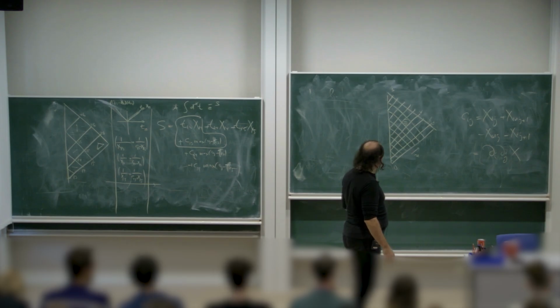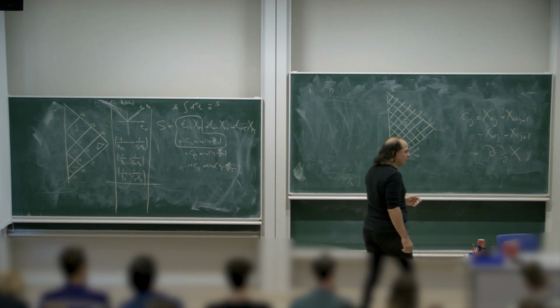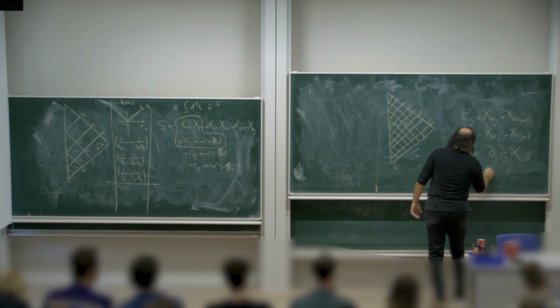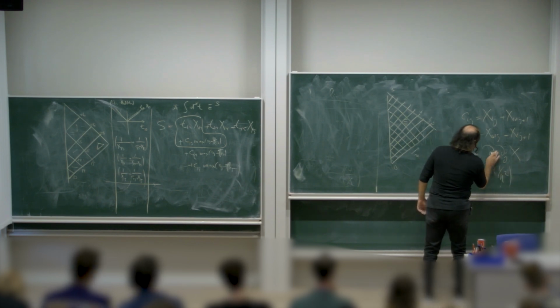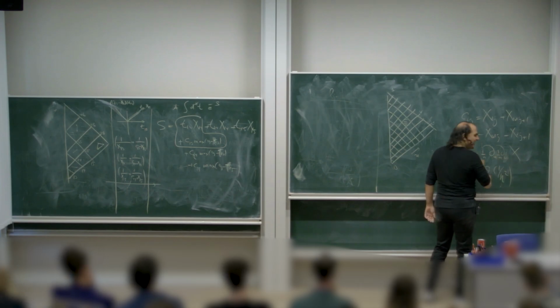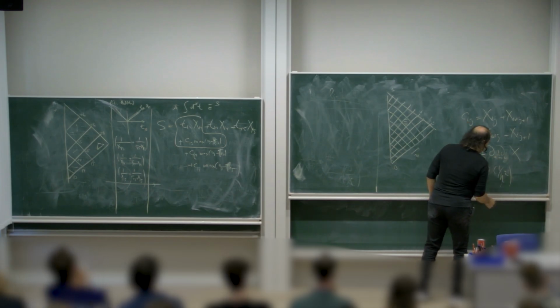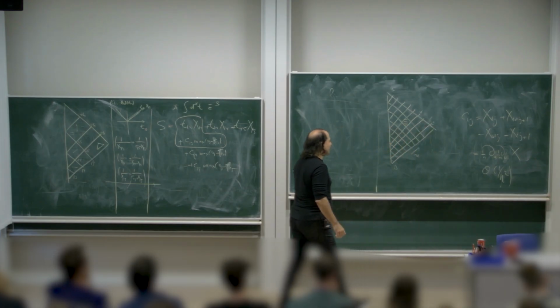And therefore, this is of order 1 over n squared. I should have said, it's really 1 over n derivative with respect to u, 1 over n derivative with respect to v. So this is something of order 1 over n squared.